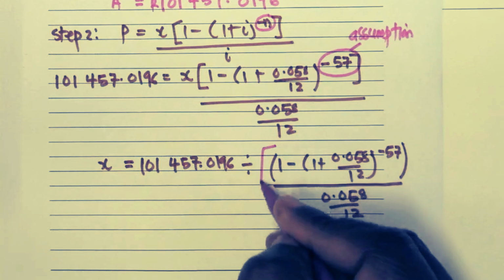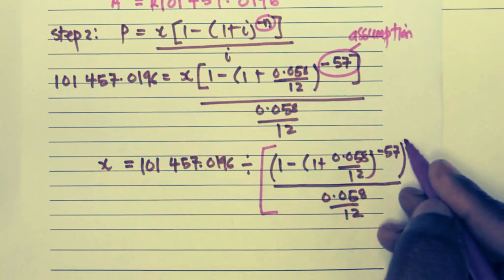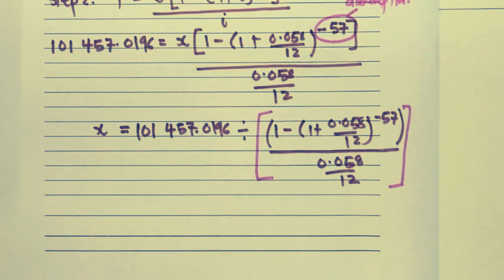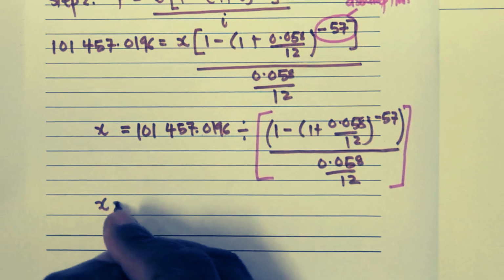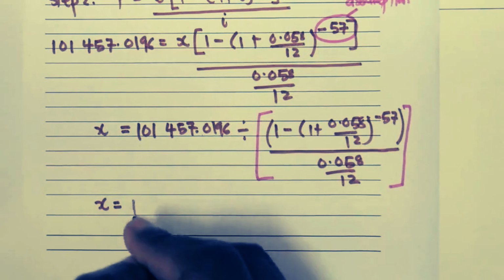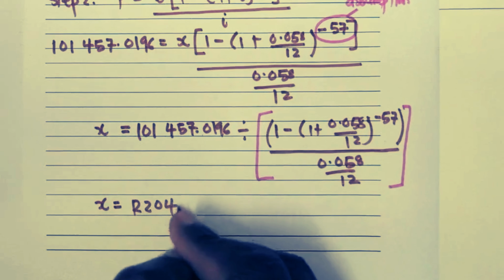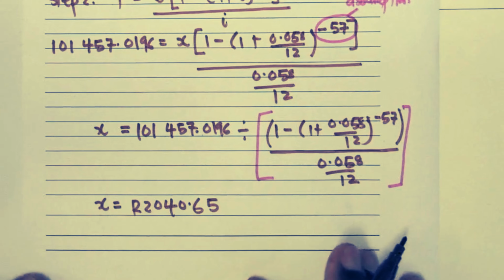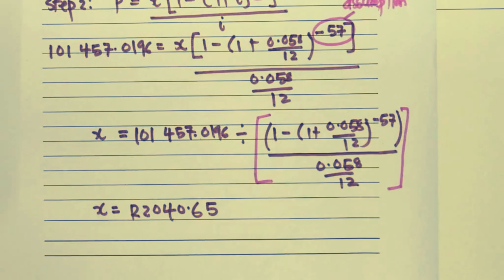Okay, put this part here again in the bracket, and then if I put this in the calculator, my final answer is going to be and this answer is rounded off to 2 decimal places.